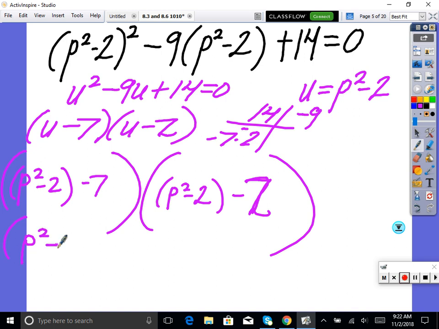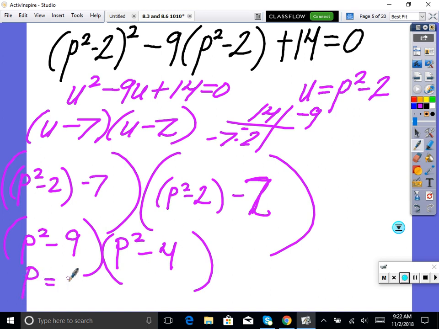P squared minus, is that a times sign? No, it's a subtraction sign. So it's p squared minus 9. And then right here, we have p squared minus 4. So then p is equal to plus or minus 3. P is equal to plus or minus 2.